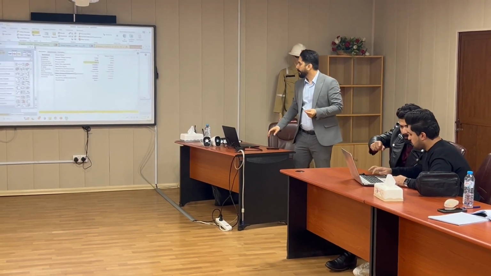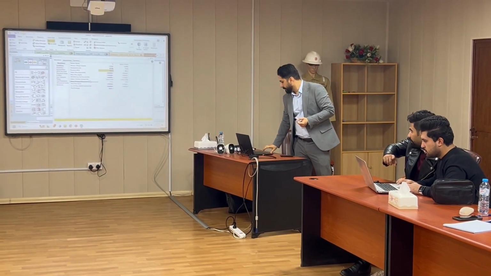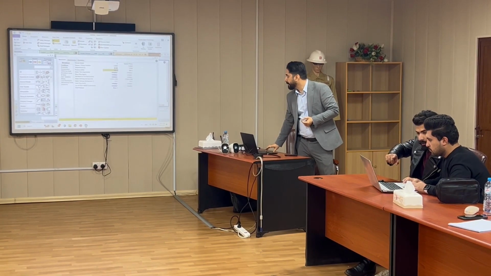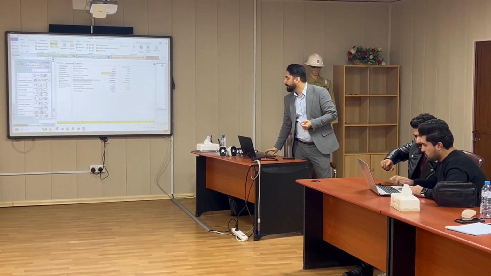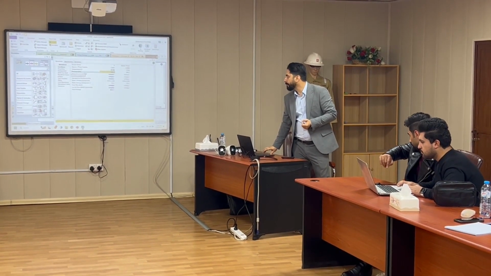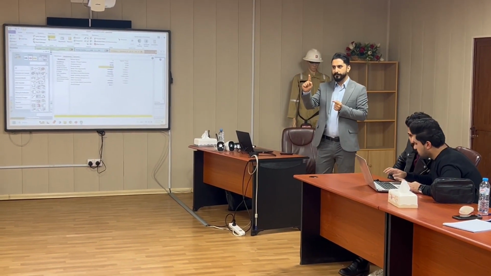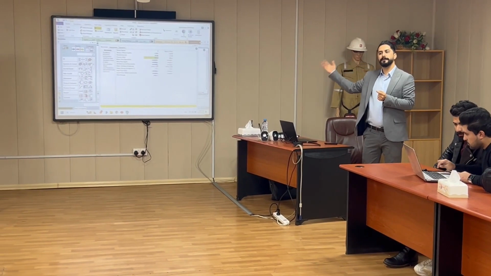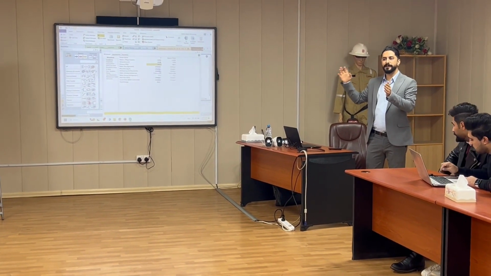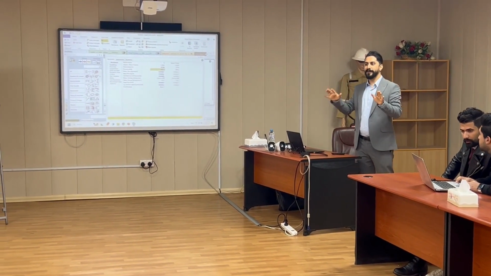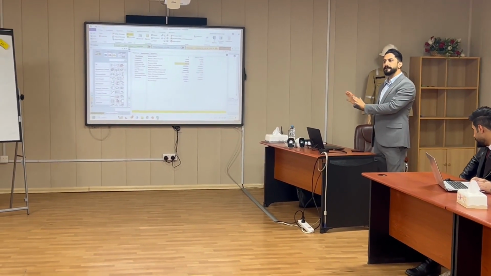As you can see here, I can enter it with different units: the volumetric flow, mass flow, or molar flow. If I just enter one of them, it can calculate everything. You can get rid of complicated formulations by just using this software.